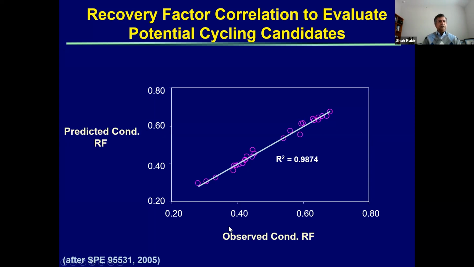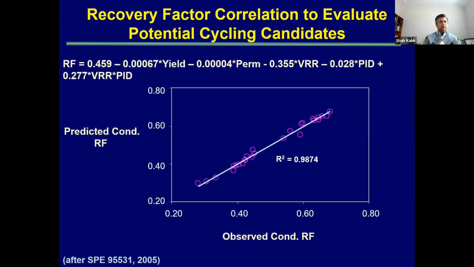As you can see, you will get about 46% of that, and then the yield becomes an issue, permeability. So here, as you can see, the voidage replacement ratio is a big deal. Because these are very low numbers, so they don't count.